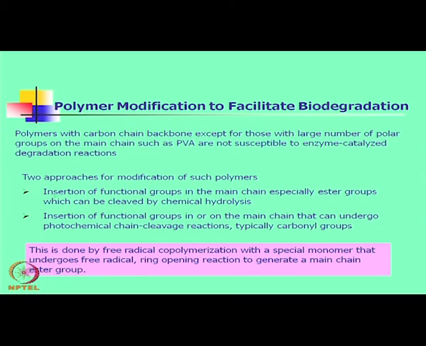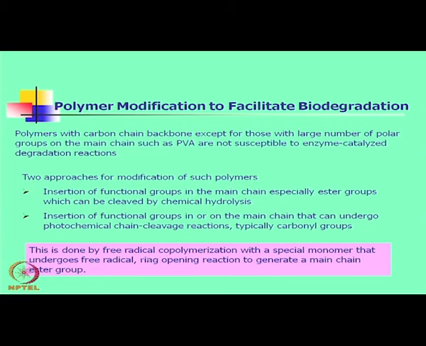So, there are two approaches for modification of such polymers: insertion of functional groups in the main chain, especially ester groups as I mentioned, which can be cleaved by chemical hydrolysis; or insertion of functional groups in or on the main chain that can undergo photochemical chain cleavage reactions, typically carbonyl groups.